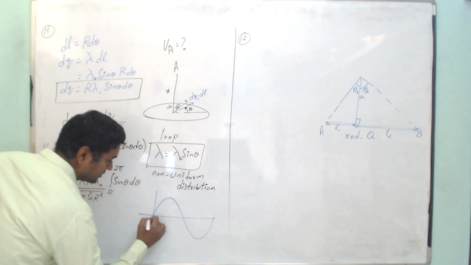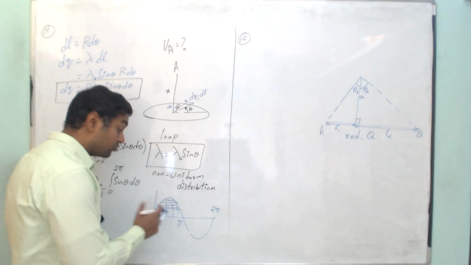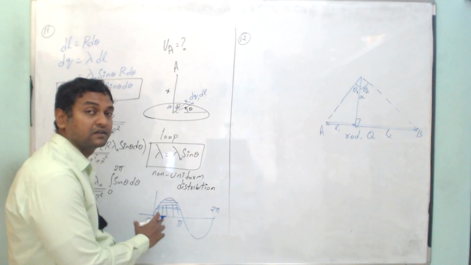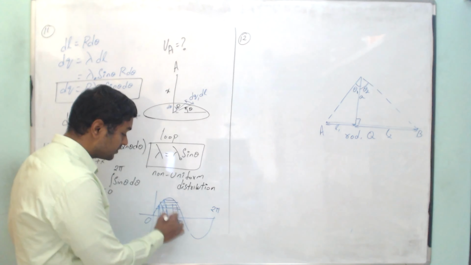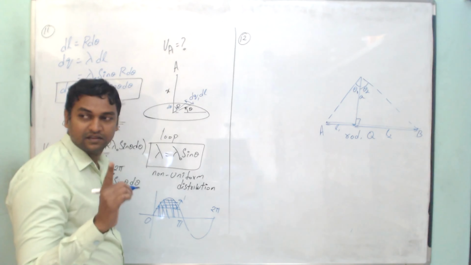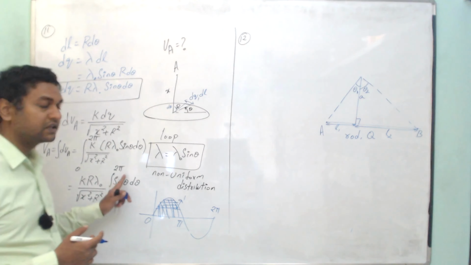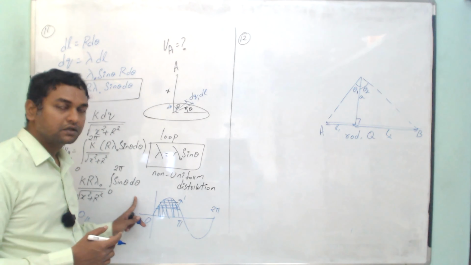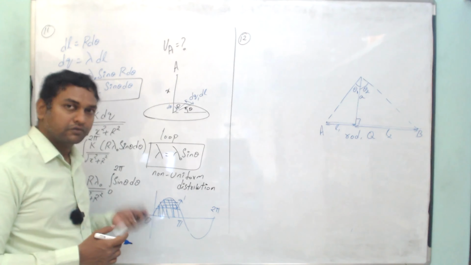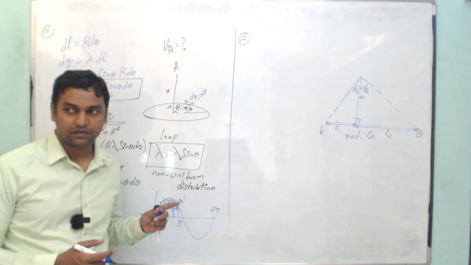The upper part's area will be A, and the lower part will be minus A. But how much is this area? One part is 1. Remember, integral 0 to pi sine theta d theta will become cos when you substitute the limits, which gives 1.